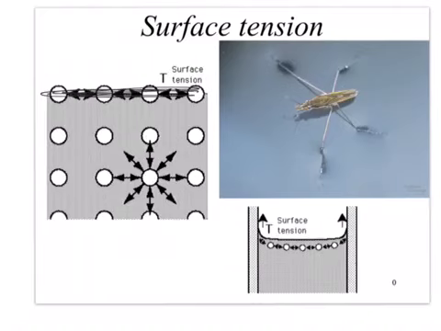If you want to get rid of the bugs in a swimming pool or something, you add what's called a surfactant, which breaks up these hydrogen bonds and removes the surface tension, and then the bugs can't stay up there. The meniscus that we read when we read a graduated cylinder is also caused because water's polar.